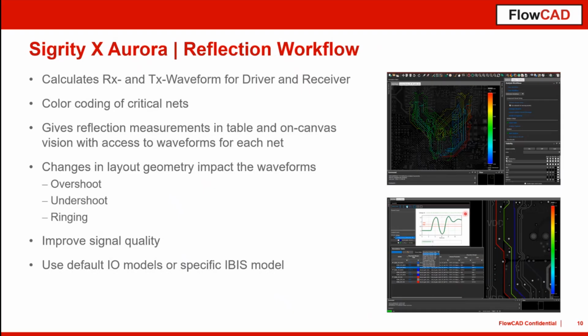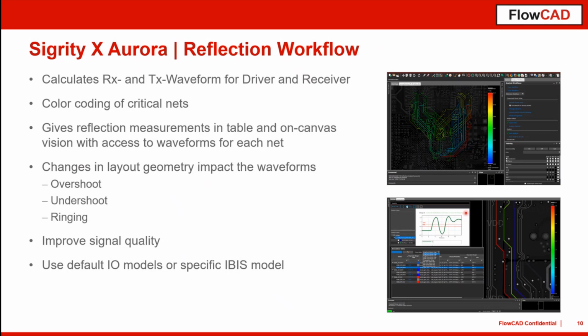of those affected signals, you can use the reflection workflow. In this case, you have to assign IBIS drivers, transceivers for the driver and receiving side, so that you get realistic waveforms.